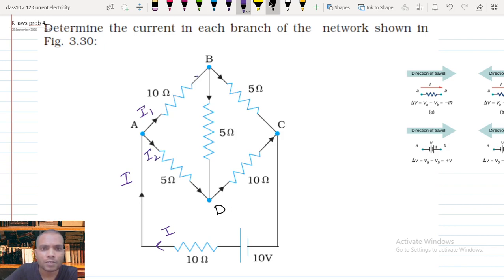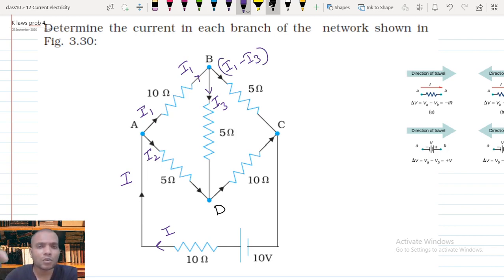The same current I1 is flowing in the arm A to B, so here also comes I1. And at junction B, this current I1 will divide. Suppose in the arm BD, current I3 is flowing, and through BC the leftover current, I1 minus I3, is flowing.